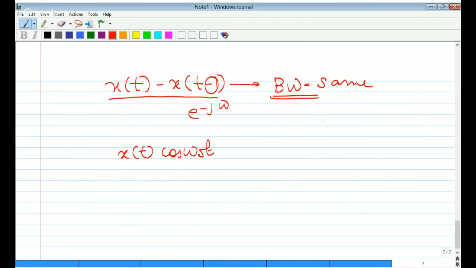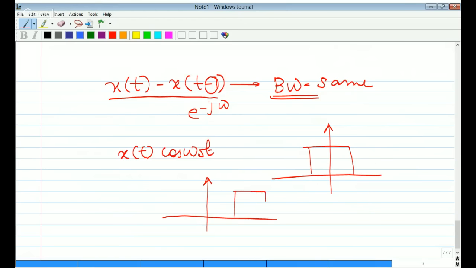So cos omega naught t is basically used for modulation. If this is our baseband signal, after modulation this signal spectrum will be shifted to omega naught and minus omega naught. Now you are saying the Nyquist rate is omega naught. That means the signal was up to omega naught by 2.